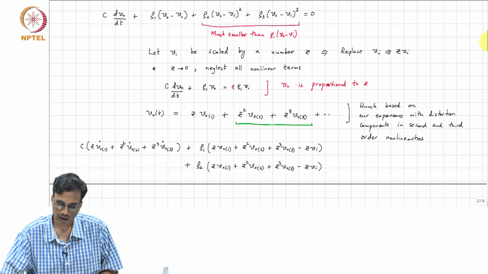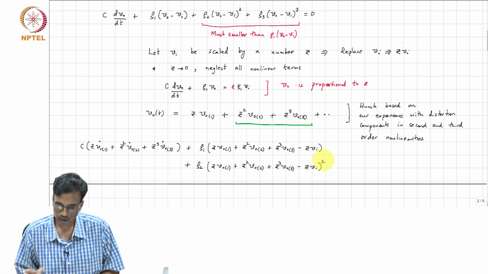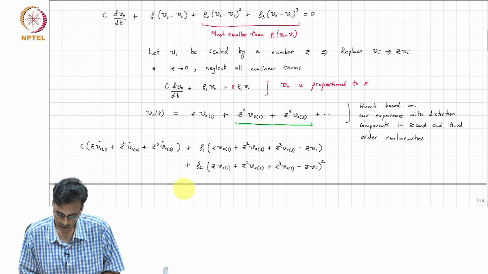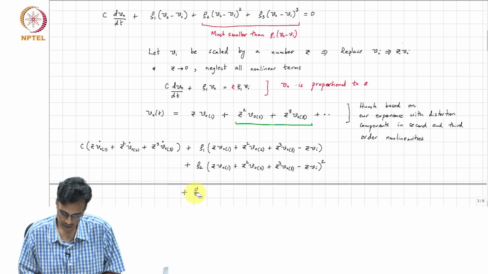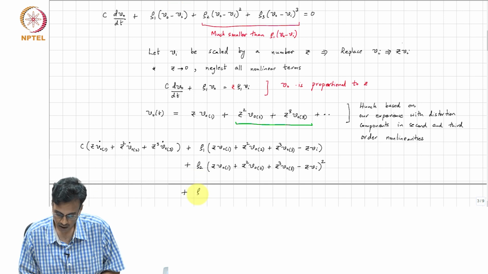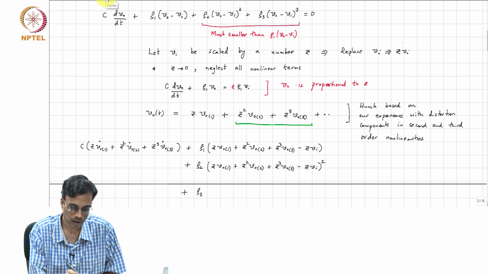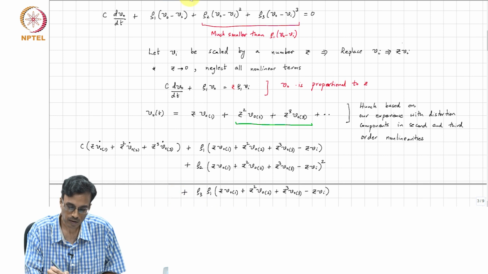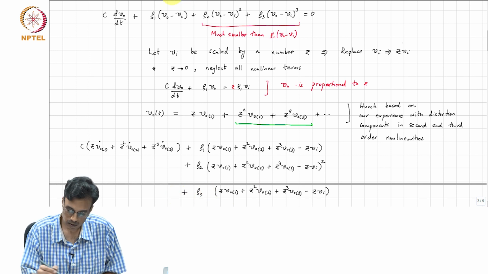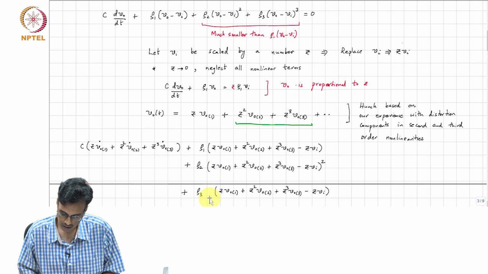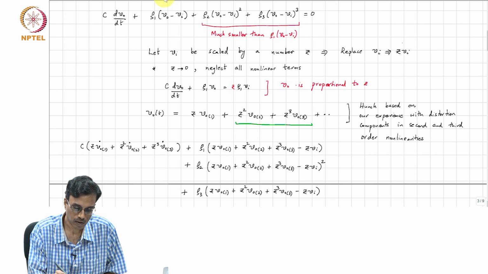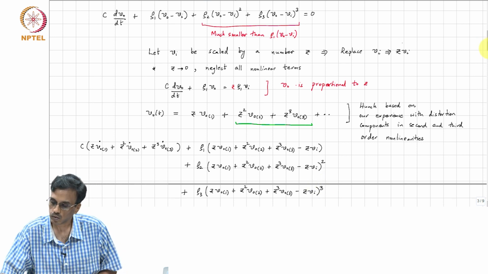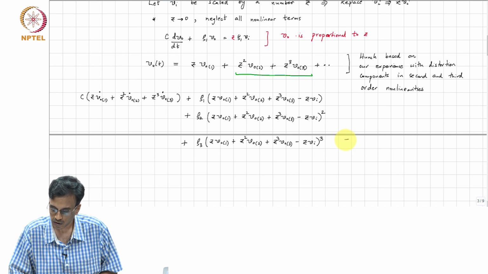So this times square plus G3 times cube must be equal to 0.